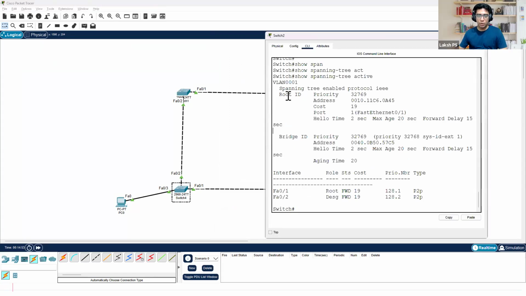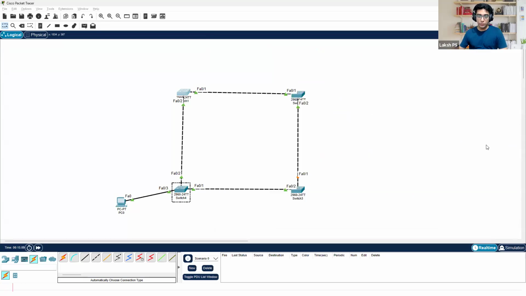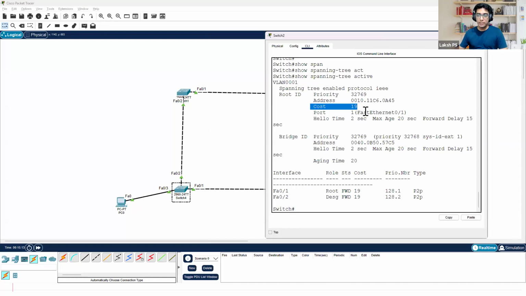Okay, let's check what information is present on the other switches. You can see it says Root ID and it says the cost. What is my cost to reach the root switch? It does not say I am the root switch. Only the root switch will say this bridge is the root. But other non-root switches will not say they are the root switch; instead, they will say what their cost to reach the root switch is.